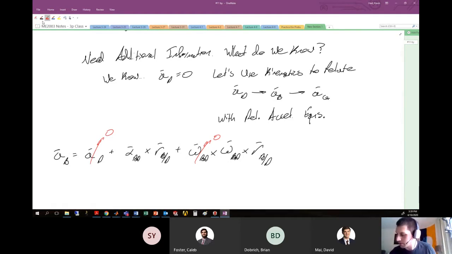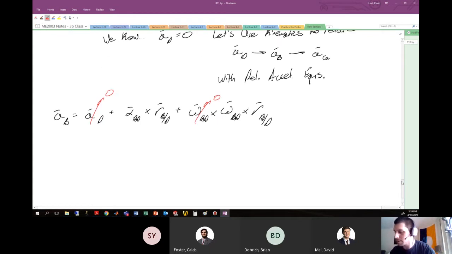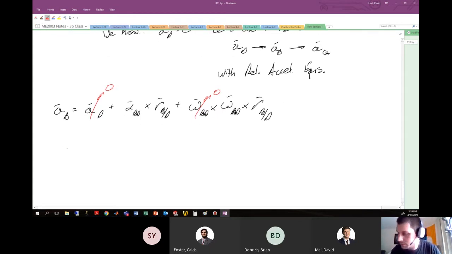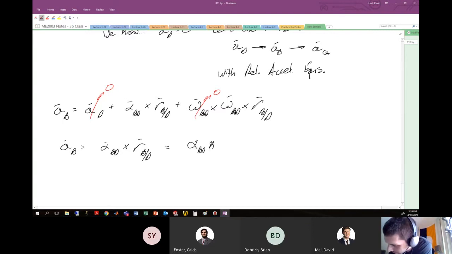So we can whittle this down a little bit and say that the acceleration of point B is equal to alpha BD crossed with the position vector locating B from D. Or if we want to write this in components, the angular acceleration of this wire BD, which will occur in k hat, crossed with the position vector that locates B from D. I don't know the magnitude of that position vector BD, so let's leave that alone, but I do know that arriving at B from D, I'll have to go in the negative j hat.